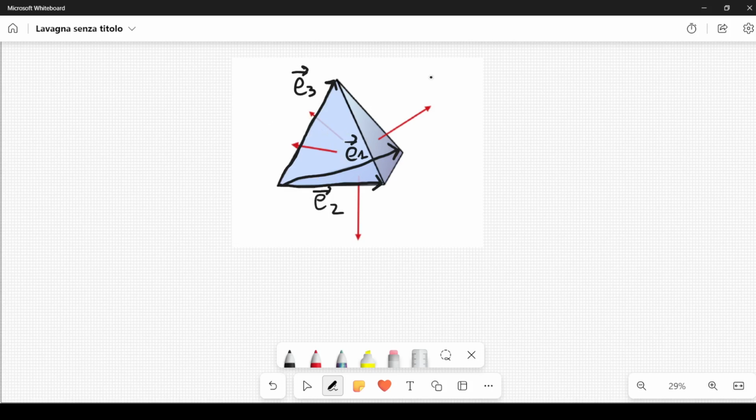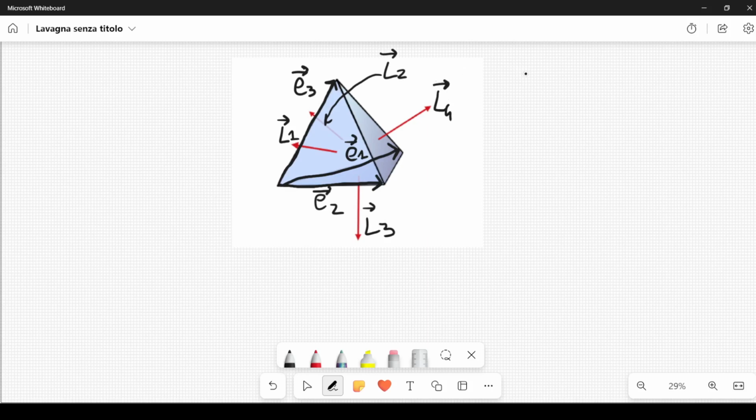Then I can define this arrow, this red arrow here, to be L1, and then I can define this arrow here, this red arrow, to be L2. Then I have L3 here and L4 here.